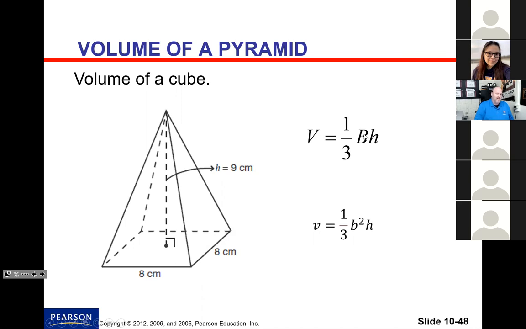The big B is the base, the area of the base, which is 8 times 8. So it really doesn't make any difference. You'll just sometimes see them differently as you're going through stuff. You'll see it as a capital B or a small b, but they are identical. Capital B means find the area of the bottom. B squared does the area for you. Okay, does that make sense? Hopefully it makes sense. Okay.